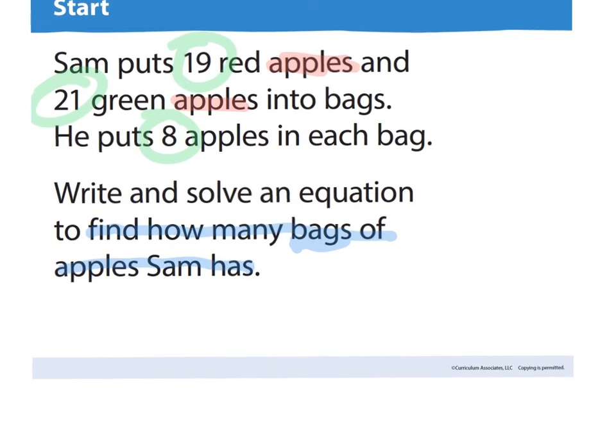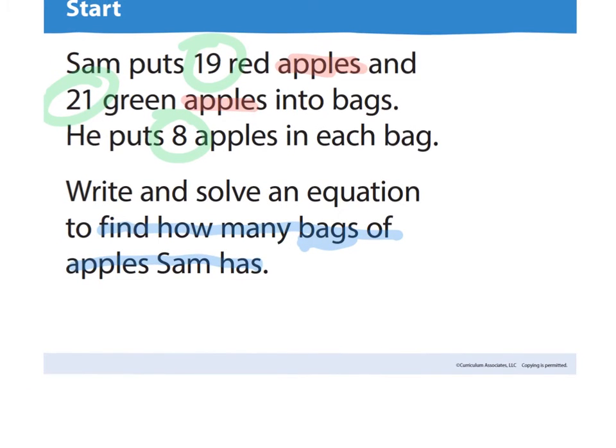Take some time, think about how you would go about it. All right. One thing we can do is kind of just break this down and estimate it first. So he's got about 20 apples, and about 20 more, which means he's going to have 40 apples to put into bags of close to 8, maybe a hard one, so maybe 10, right?